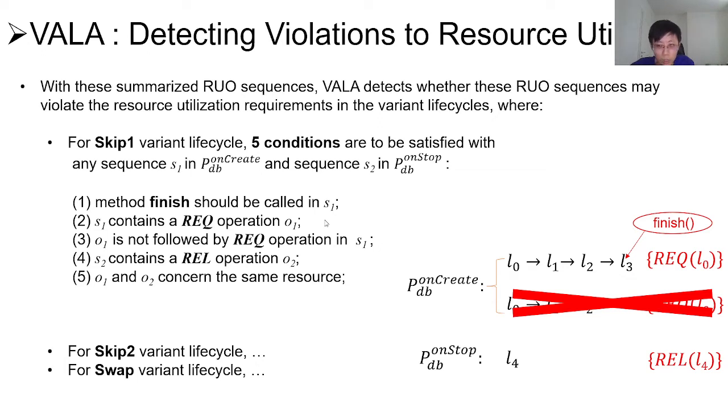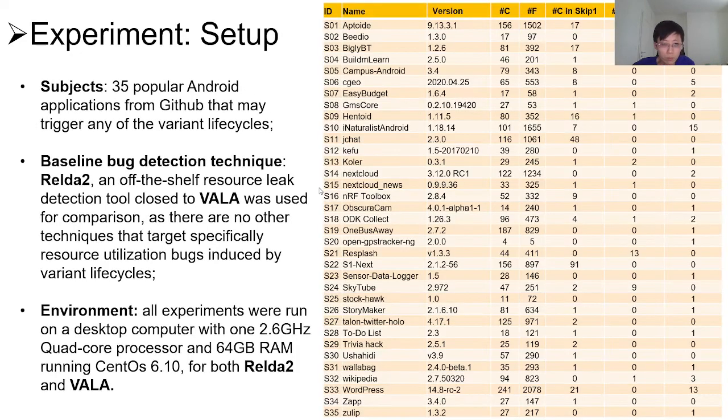Then, we can easily confirm that the remaining two sequences satisfy the other four conditions, and it means a resource leak is found. For the requirements of the other two kinds of variant life cycles, you can refer to our paper for more detailed information.